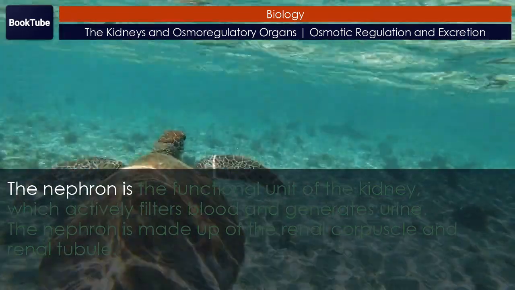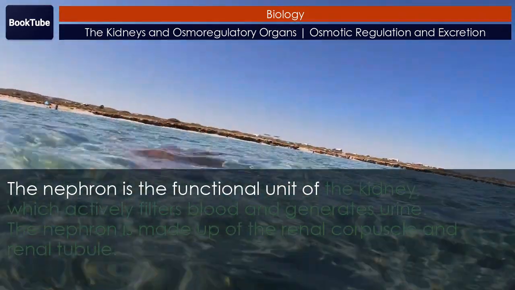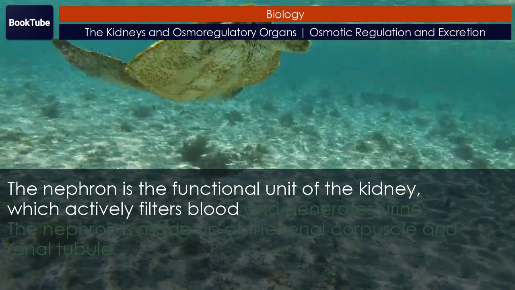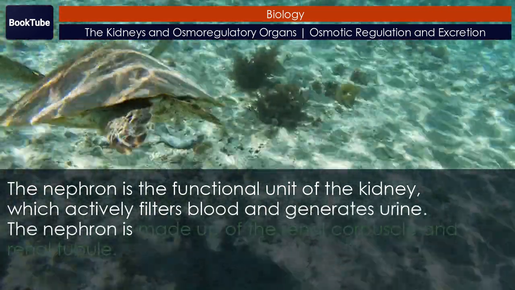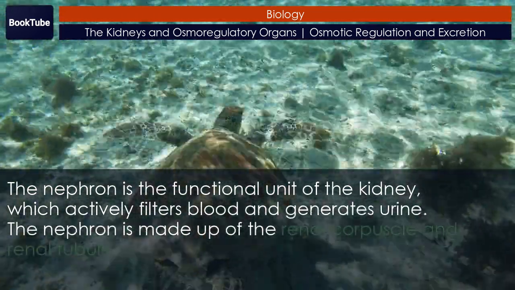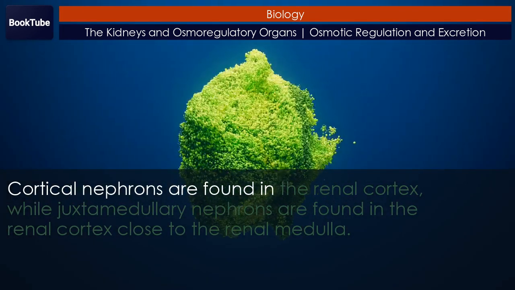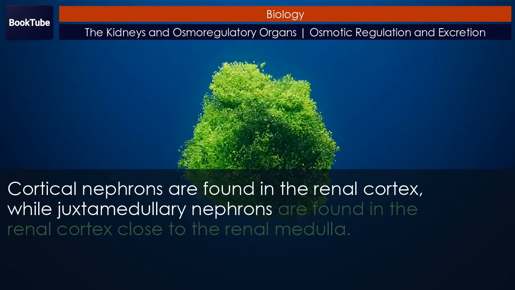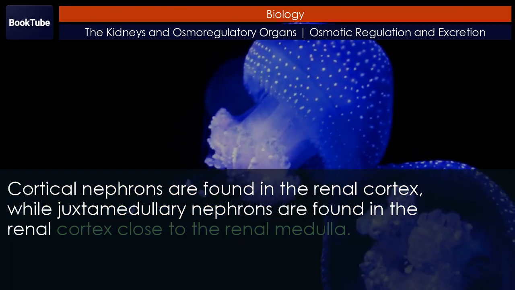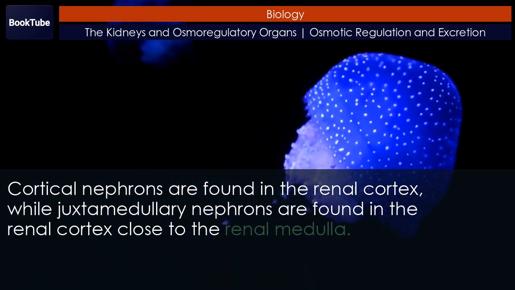The nephron is the functional unit of the kidney, which actively filters blood and generates urine. The nephron is made up of the renal corpuscle and renal tubule. Cortical nephrons are found in the renal cortex, while juxtamedullary nephrons are found in the renal cortex close to the renal medulla.